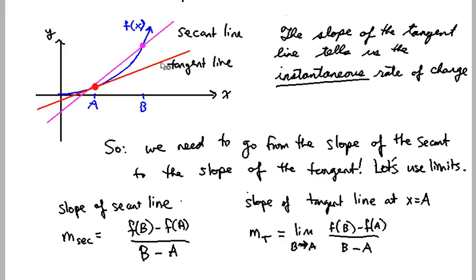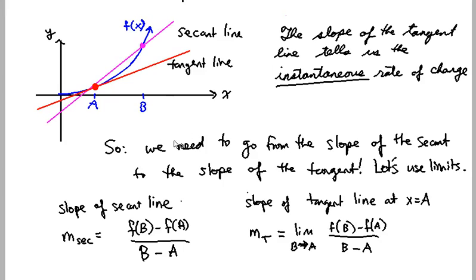If I can create a tangent line at that point, then right at this point, the slope of the tangent line is telling me how fast I'm moving. So that's what instantaneous rate of change is. The slope of the tangent line is the instantaneous rate of change.